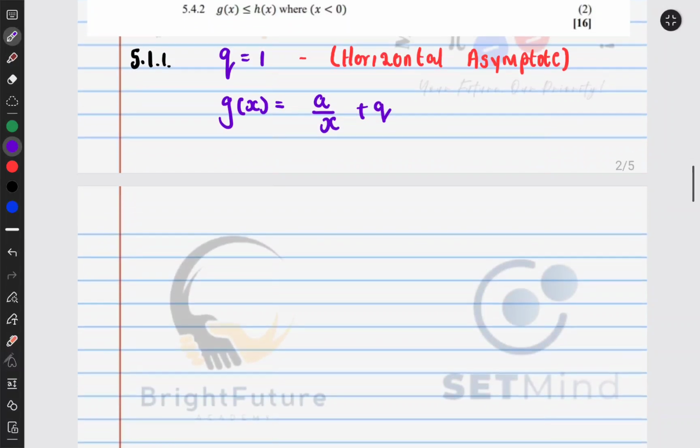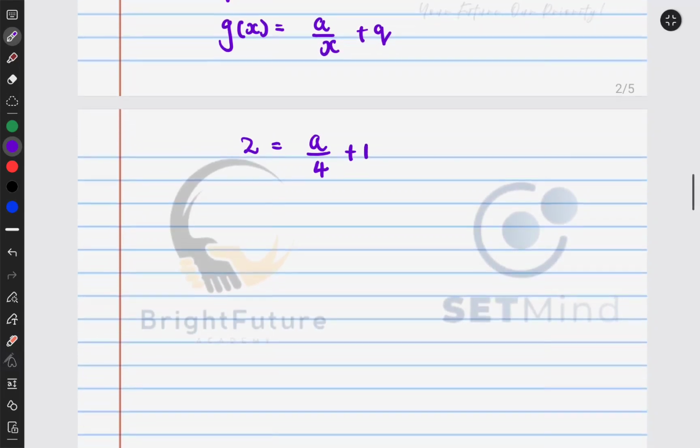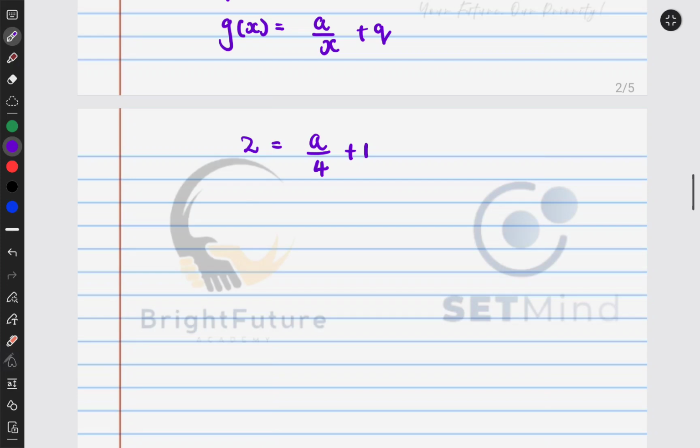So g at 4 is 2. So we're going to have 2 is equal to a over 4 plus q. What's the value of q? Plus 1. Let's solve for a. We take the 1 to the other side, and we have a over 4 is equal to 2 minus 1, which is 1.